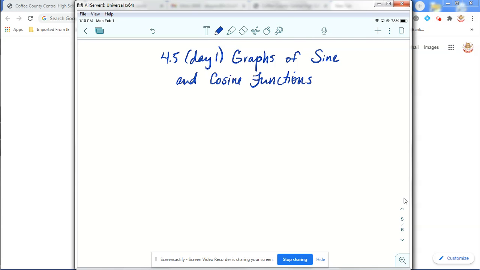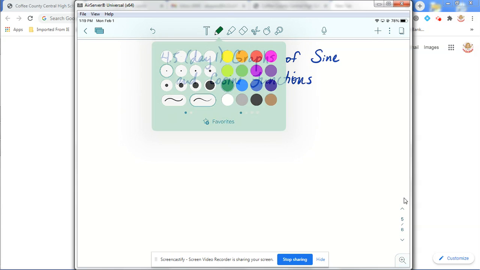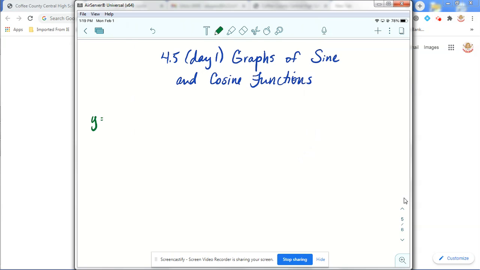And then real quick, I'm going to just do a little sine graph, y equals sine of x. Okay. So this one period is going to go from 0 to 2 pi.